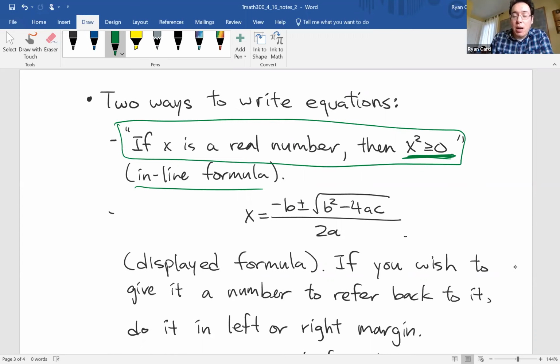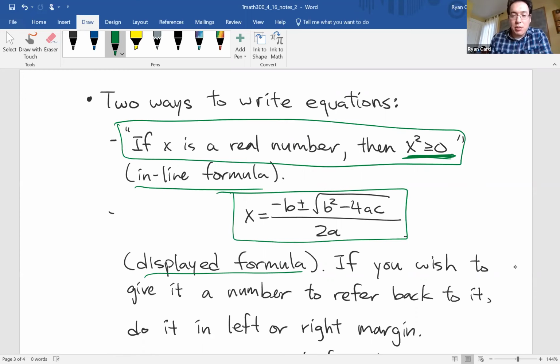If you're writing a more complicated formula, you can do what's called the displayed formula. Then when you write down an equation, it'll hold its own line. It's always centered, and it takes up as much vertical space as needed to write the equations in a beautiful way. So these are called displayed formulas.